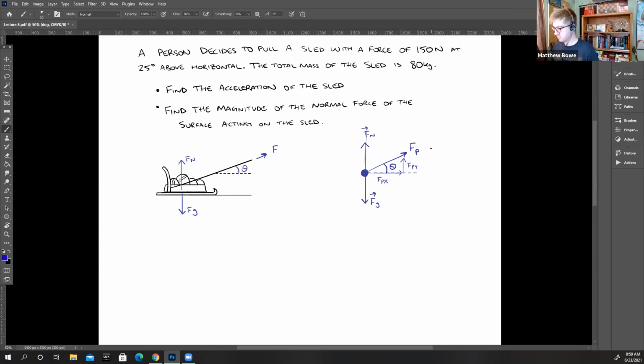And as before, we've done this a couple times. We can see that the force of the person in the x direction is adjacent to where we're measuring this angle. So that is magnitude cosine angle.